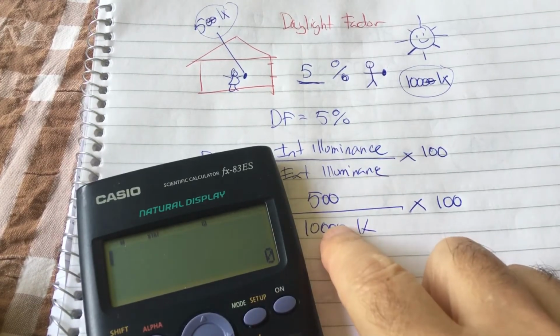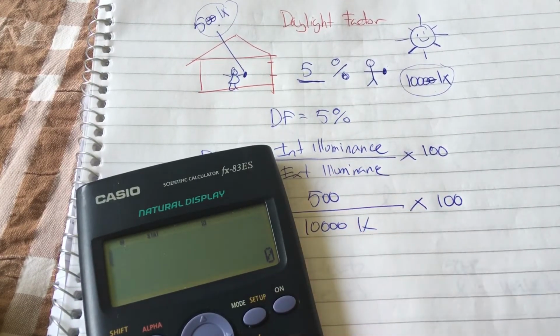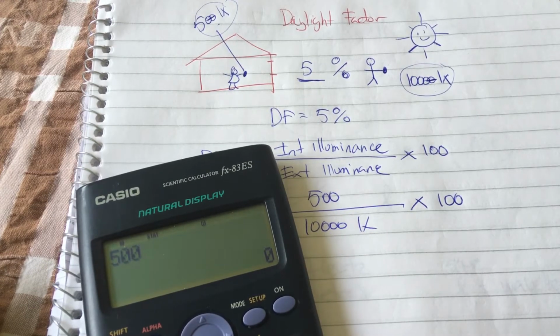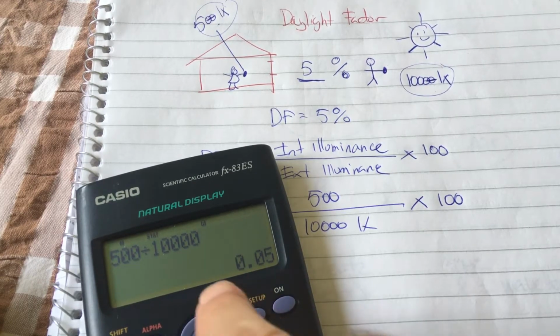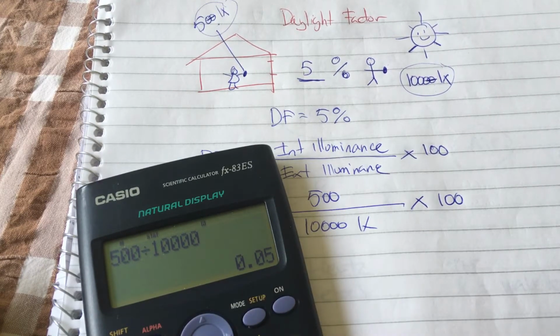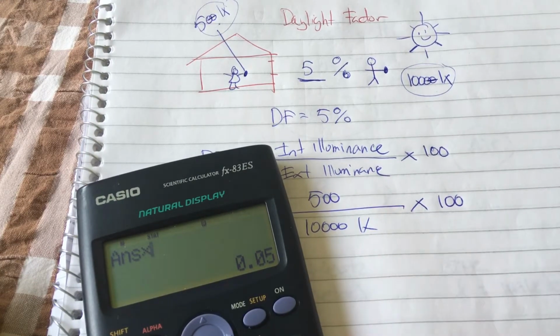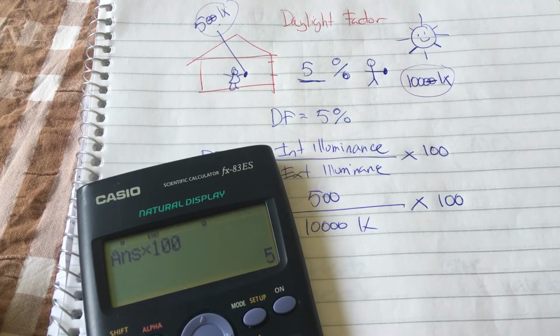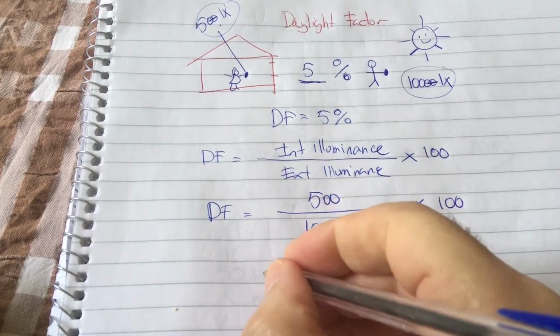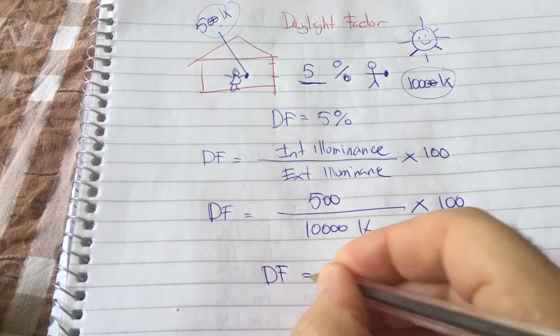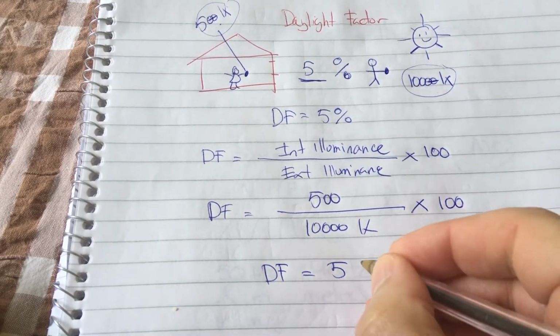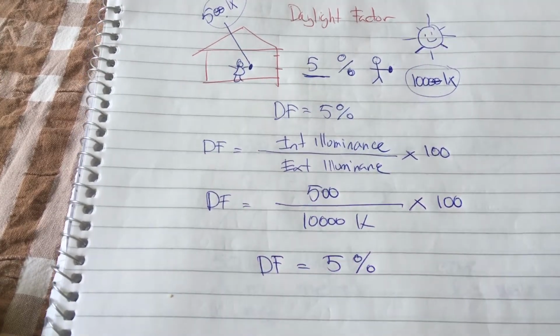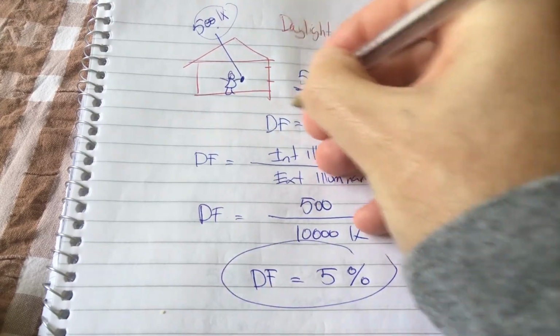So we got 500 over 10,000. Yep, and I'm going to equal it. And that is going to be times 100, because that's what it says in the formula. And that's 5. So my daylight factor is equal to 5 what? 5%, which is consistent with this.